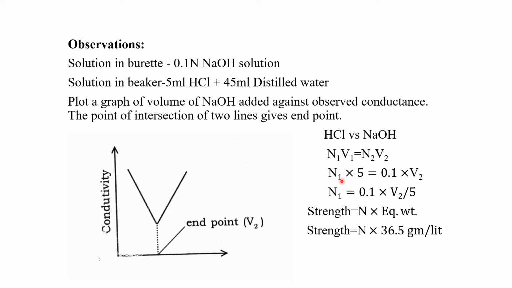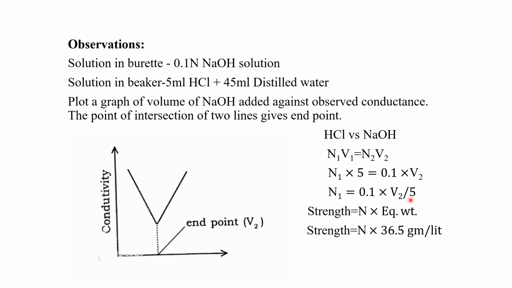N1 as it is, that we have to determine, into volume of HCl taken as 5 ml is equal to normality of NaOH, 0.1, and V2 is the end point which we get from the graph. Now put this value and calculate the normality. N1 is equal to 0.1 into V2 upon 5.